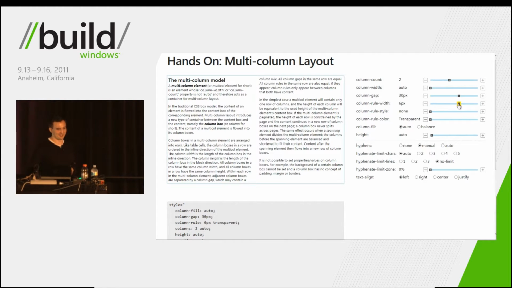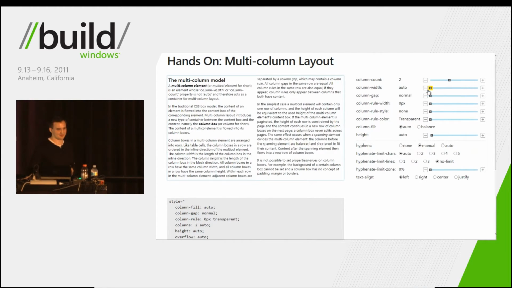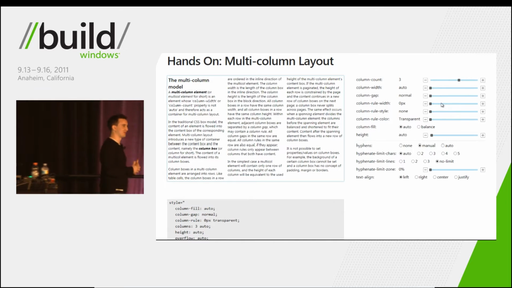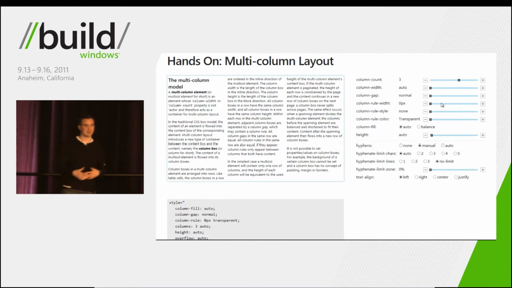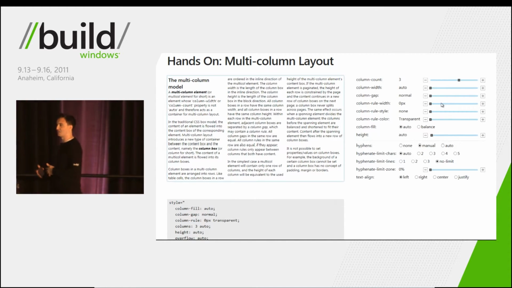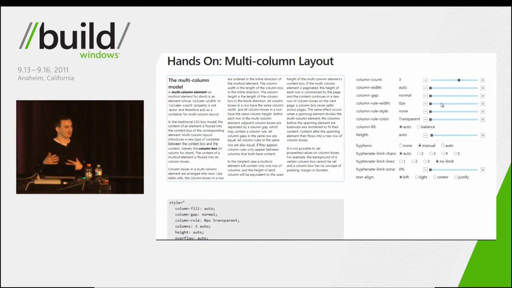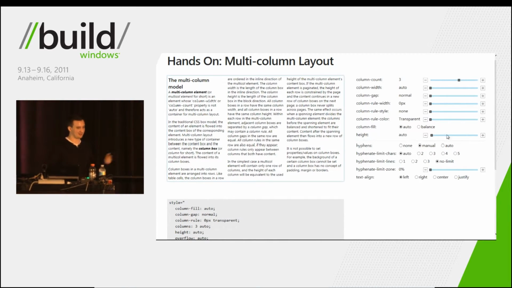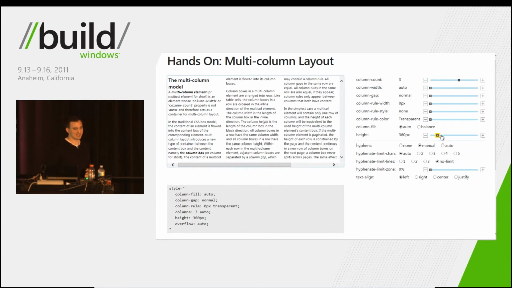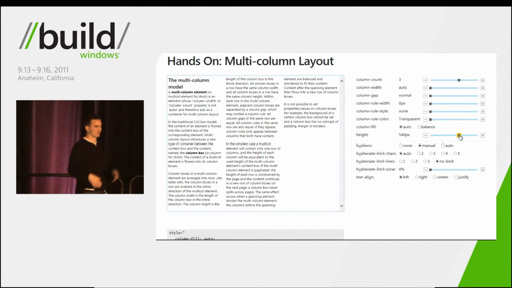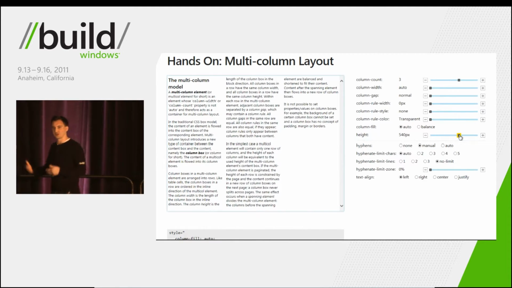Let's reset a few of these properties. Now, one of the things you're likely to run into, again, because you're developing great metro-style apps that are going to adapt well to multiple resolutions, is in many cases you may create an app that has unbalanced columns. The text content doesn't fit precisely within the columns as we do in this example. So let's change the height of that column. Now, this is a better text experience than having a very long line of 1,400 pixels, but it's still not quite there.